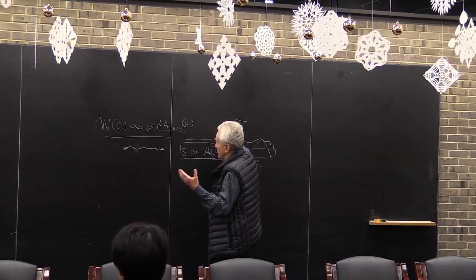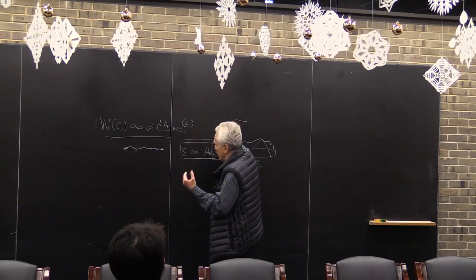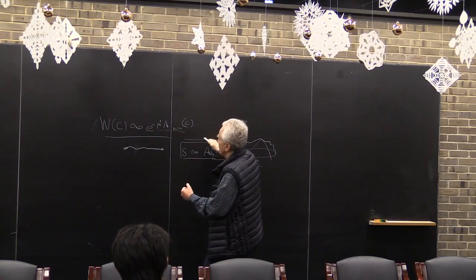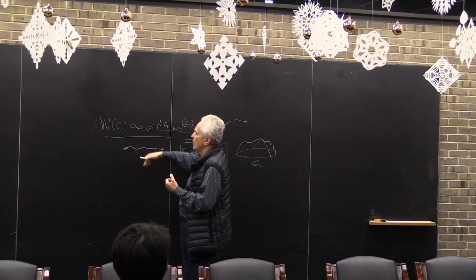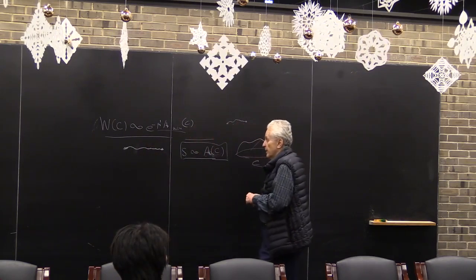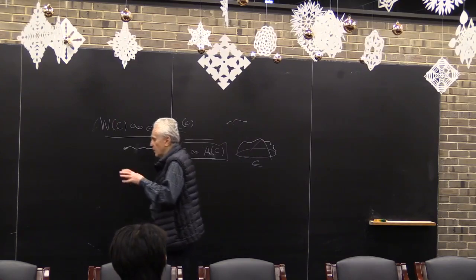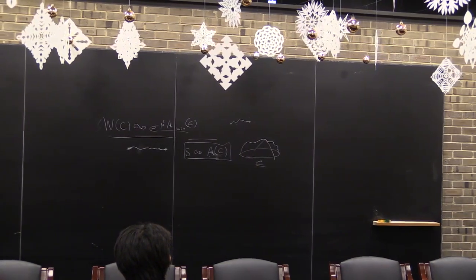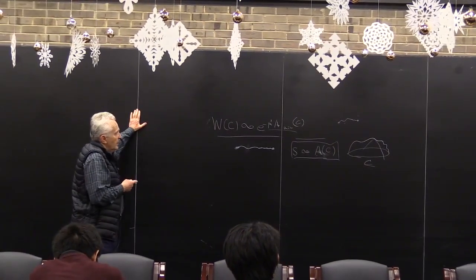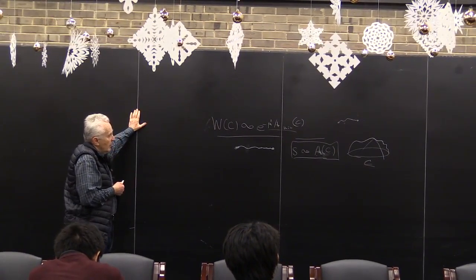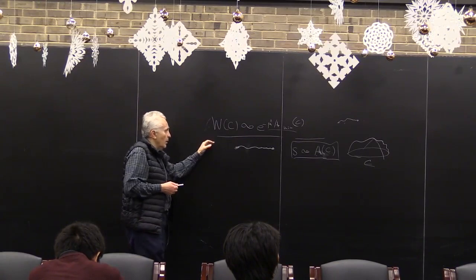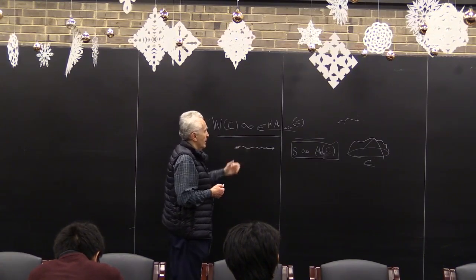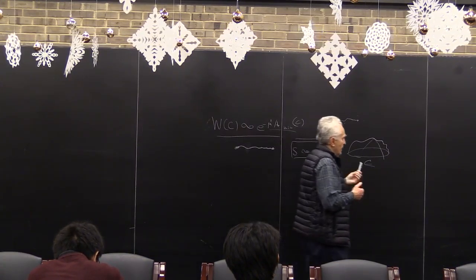It's not obvious that it's possible, but you conjecture that it can be replaced with the dynamics of the flux lines. The gauge field theory is replaced with a theory of flux lines, like flux strings.